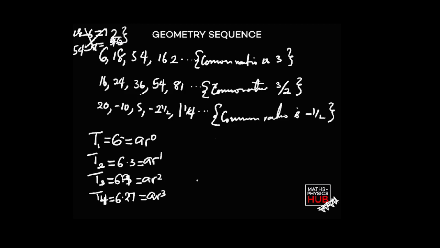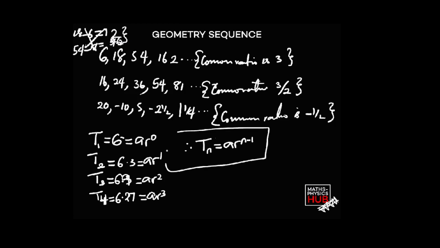Sir, the power of the ratio is 1 less than the numbers of the term. So we can conclude that the nth term of a GP is given as AR raised to power n minus 1.